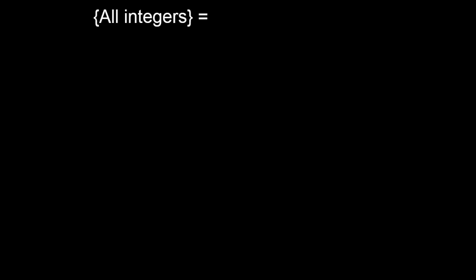One way to write down this set is to write down the list of all positive integers, so that's 1, 2, ellipsis. The ellipsis here indicating that we also include numbers like 3, 4, 5, and so on and so forth. But the integers also include the number 0, so we'll have to throw that in as well. And they also include all the negative integers, so we also want to include -1, -2, and again ellipsis.